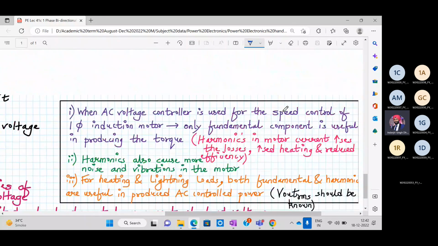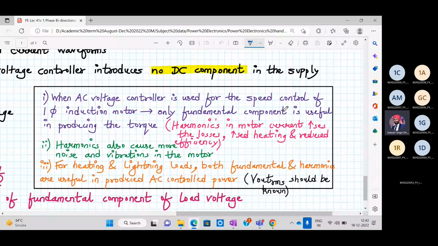There is some note I have written over here on why the fundamental component is very important. When the AC voltage controller is used for a speed control application, here a speed control application of a single phase induction motor, only the fundamental component is useful. Whereas the harmonics in the system are responsible for increasing the losses, heating, reducing efficiency, and so on and so forth.